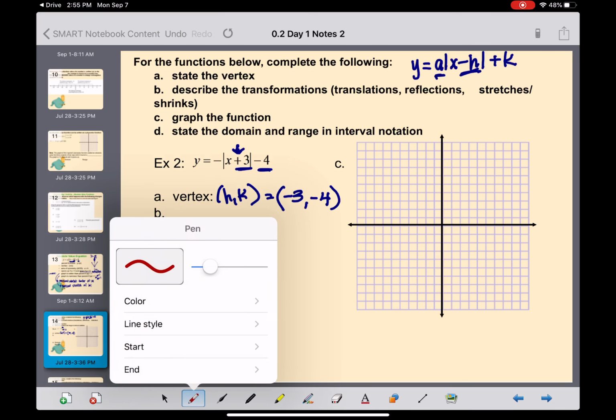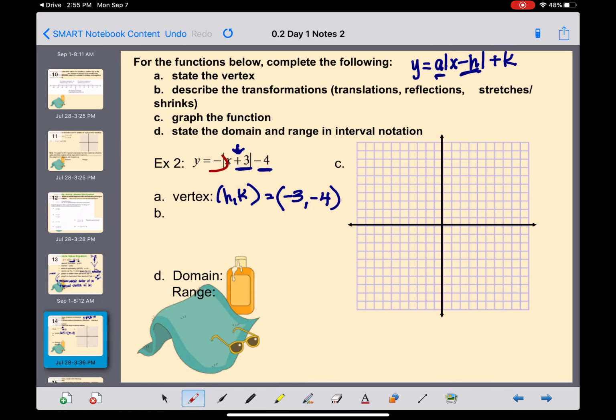So when we look at this, a is negative 1. So that is telling me that I'm going to have a reflection, and you have to tell me across what line. So it's going to be across the x axis.